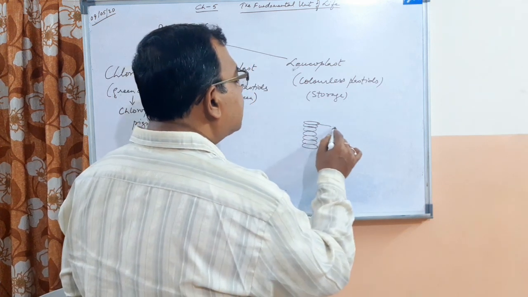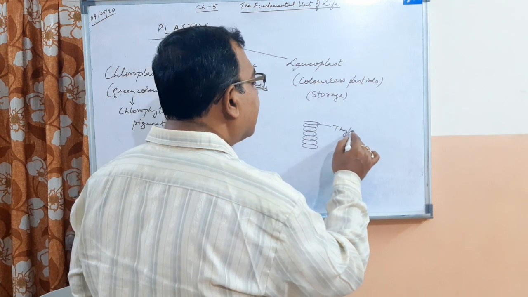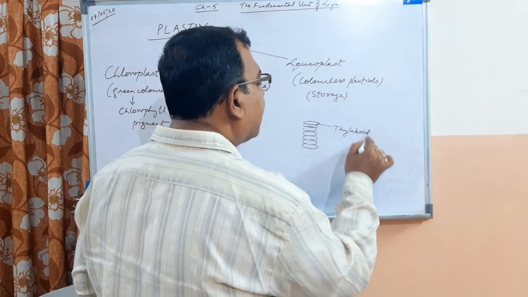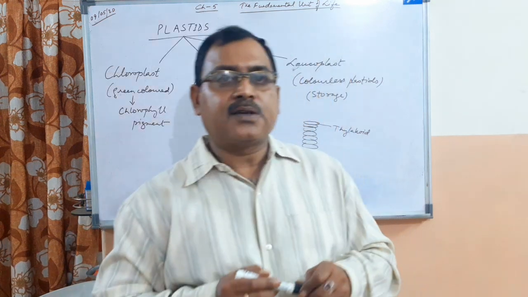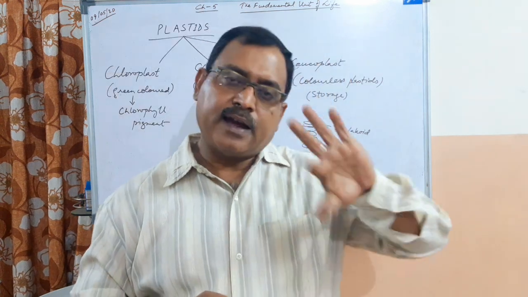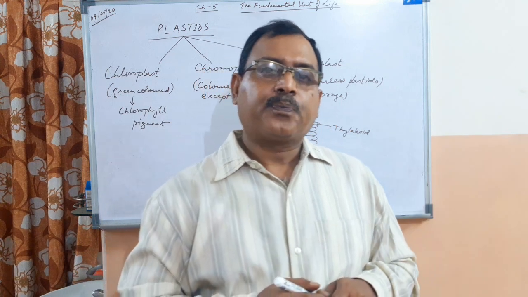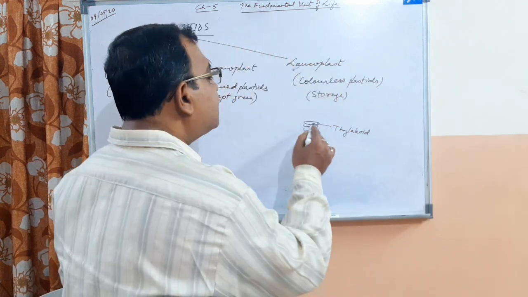And each of these, they are called as thylakoid. It is these thylakoid which helps in absorbing solar energy and converting it into chemical energy. So this is the grana part.